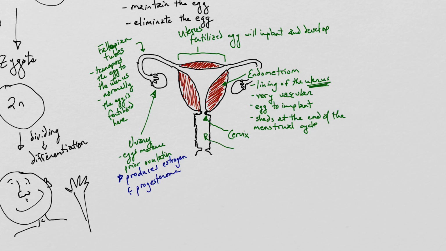This tube right here is the vagina. And this is just a place for the penis to get close to the uterus so that the sperm is a little closer to the egg.